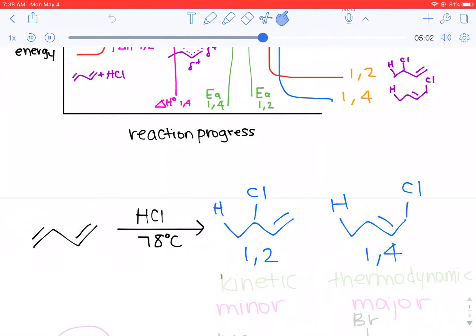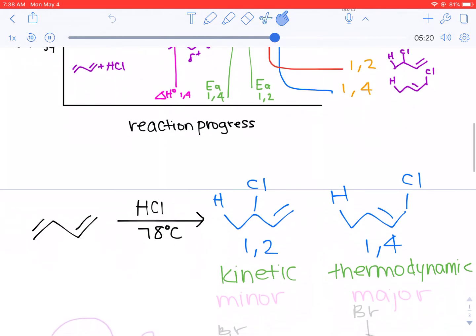The 1,2 product will still be the kinetic product, and the 1,4 product will still be the thermodynamic product. However, in this case, as we said before, when heat is added to this reaction, the major product is the thermodynamic product. So in this reaction, the major product would be the 1,4 product, and the 1,2 product would be the minor product.